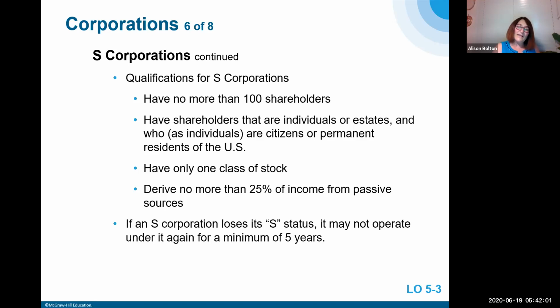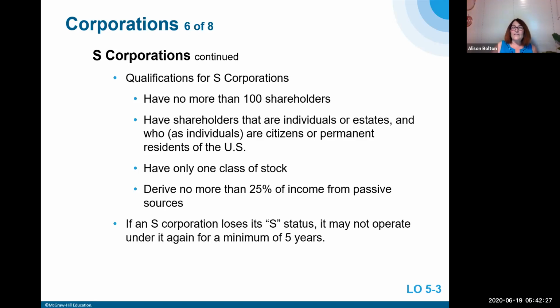You can only have one class of stock and it can never be changed. And you cannot be deriving more than 25% of income from passive resources. Passive resources meaning, let's say you own property that you rented and you are receiving income from that source. That's passive type of income.